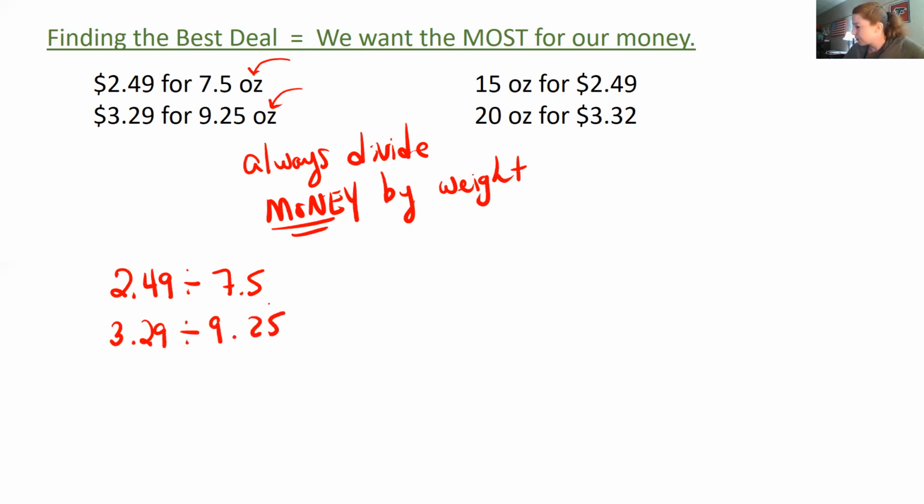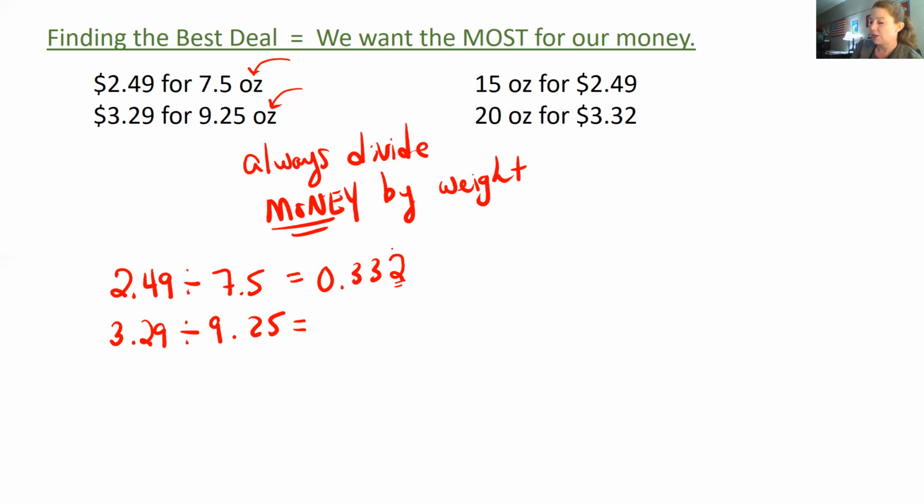Money always goes first. So let's figure out how much, whatever this is that we're purchasing, the price per ounce. So the first one I get 0.332. Now, of course, we don't write money like this. Usually we round to the nearest penny, but sometimes when you're finding unit rate, you need more than just the nearest penny.